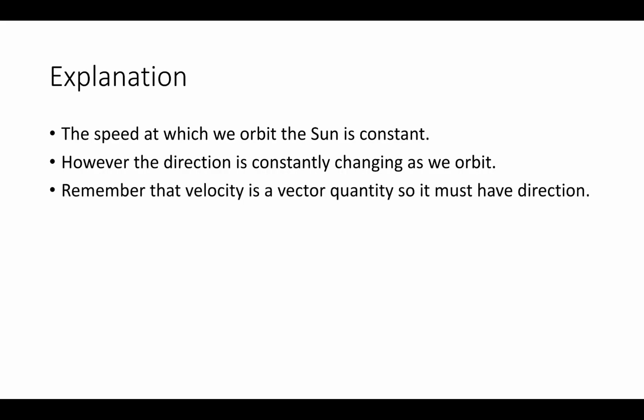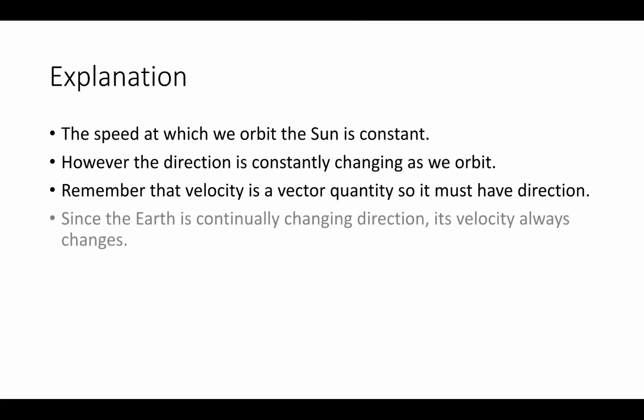And remember, velocity is a vector quantity, so it has magnitude and direction. By magnitude, that just means the size. If we're constantly changing direction, that means our velocity is constantly changing. As I've written there, since the Earth is continually changing direction as it orbits, its velocity is always changing.